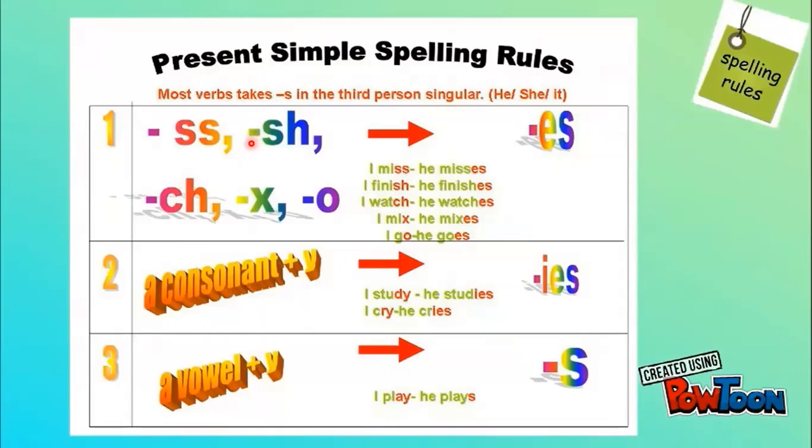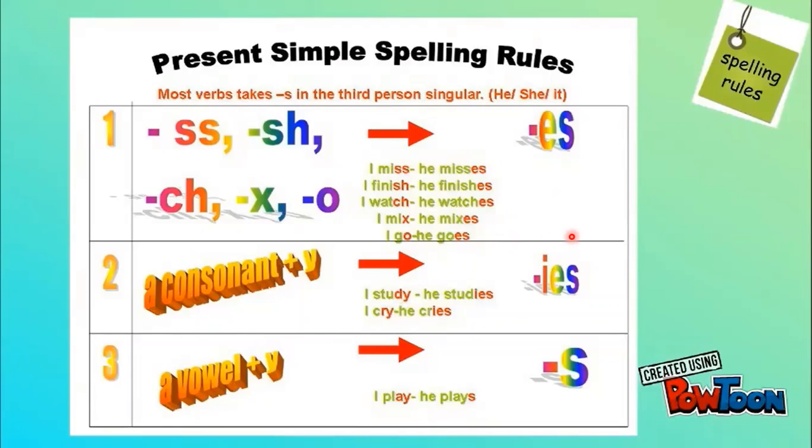If the verb ends in double S, SH, CH, X, or O, we have to add es. Example, misses, finishes, watches, mixes, and goes. So here we have some verbs ending on these letters. Then we have letter Y. Common examples, study and cry.